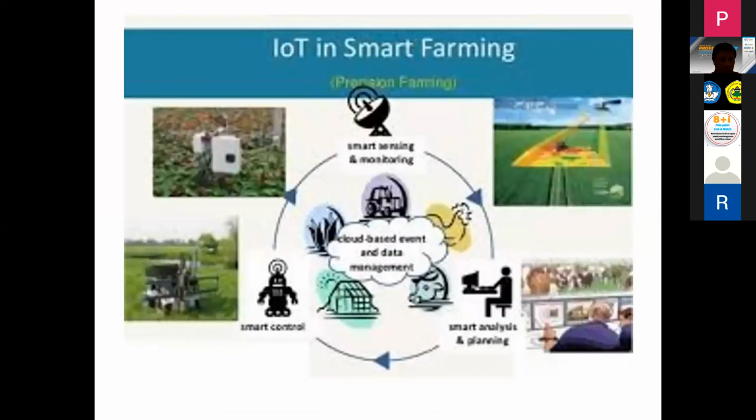I think the aspects are IoT smart farming in the management aspect, especially the facilities in the field and also the environment. Actually this is a hot issue now in the world, and also nationally competitive and regional.